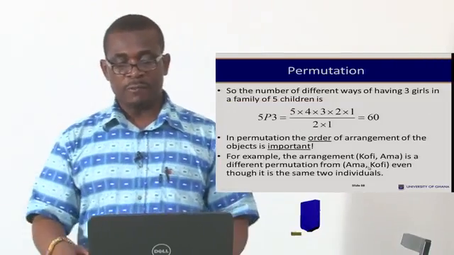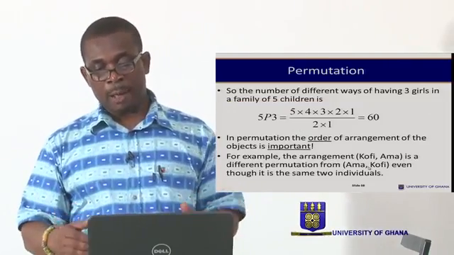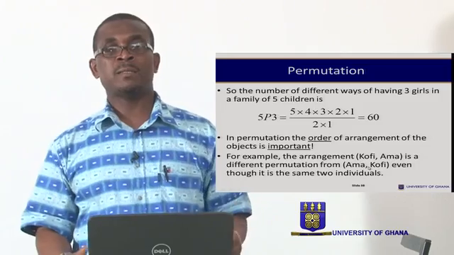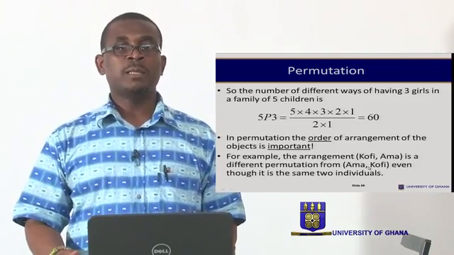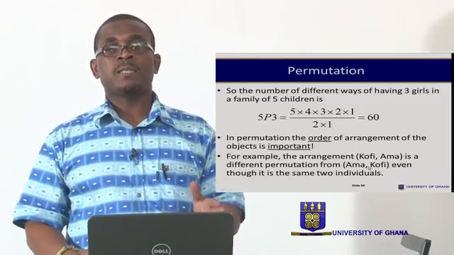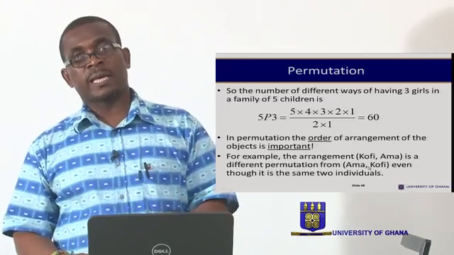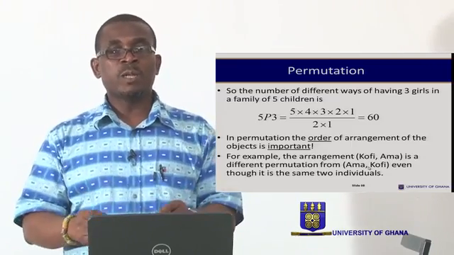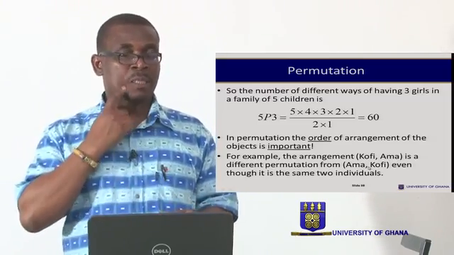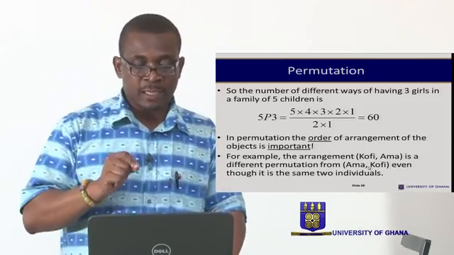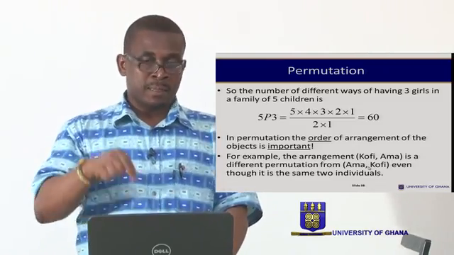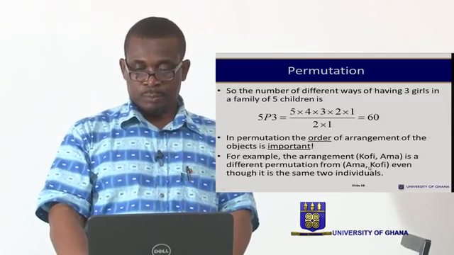Even if the girls are 3, Abigail, Bernice, and Charity, if Abigail is first and Bernice is second, when the roles are reversed, it is a different permutation. So with permutation, it is the positions occupied that is important and not the individuals.